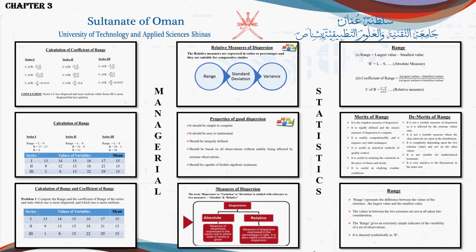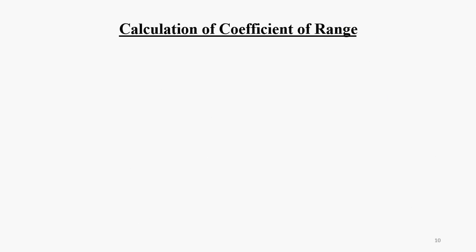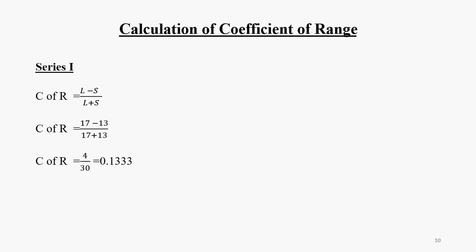Now we need to understand how to calculate coefficient of range. Already we know the formula for range, right? Coefficient means L minus S divided by L plus S. That's all. So this is what you have to keep in mind. So series 1, already we know 17 minus 13 divided by 17 plus 13.